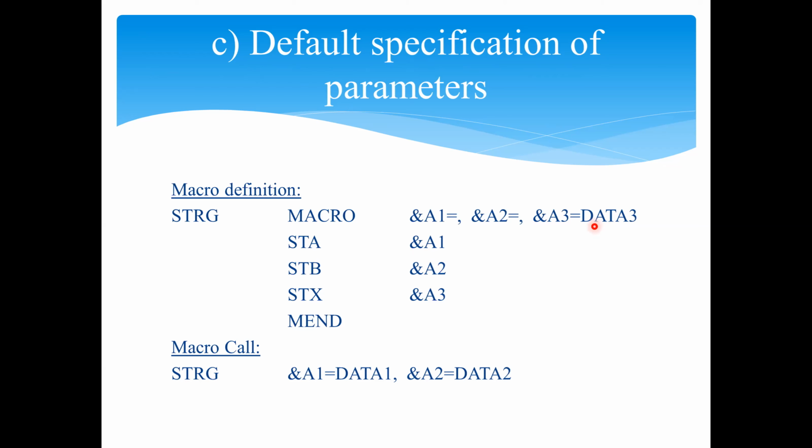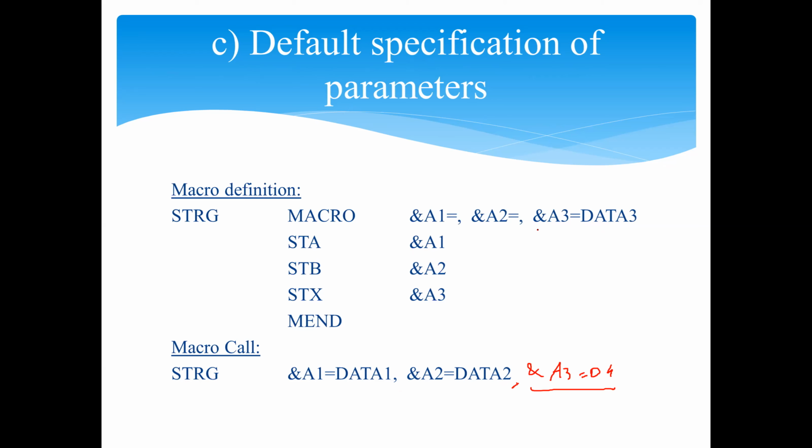This is also possible. When you invoke the macro, suppose you provide a value for ampersand A3 also, like a statement ampersand A3 equal to some value D4. So what happens when you are invoking, you are giving a value for A3 also.